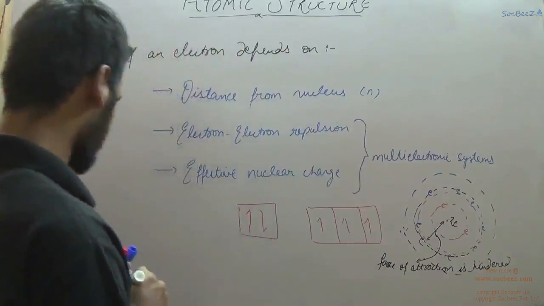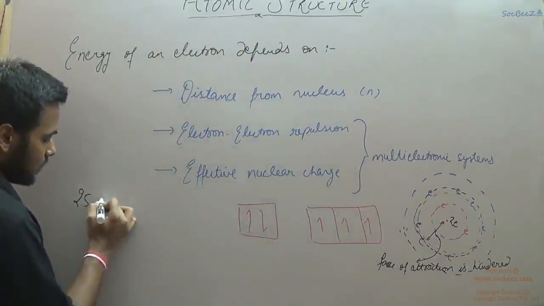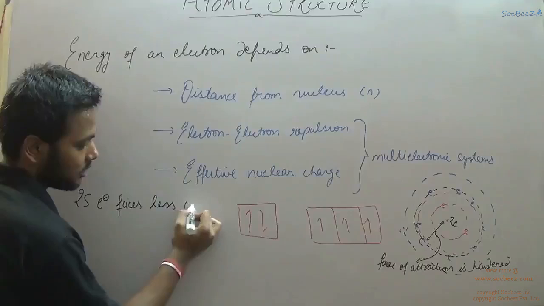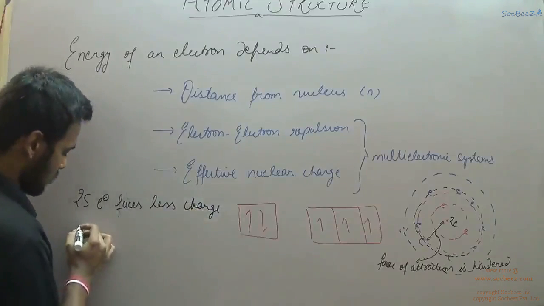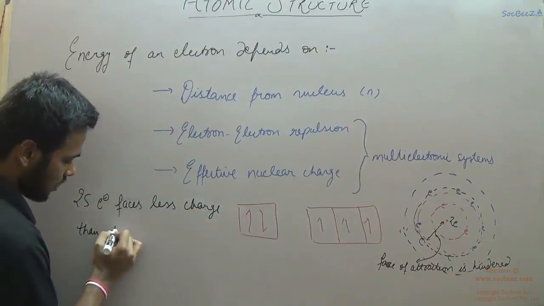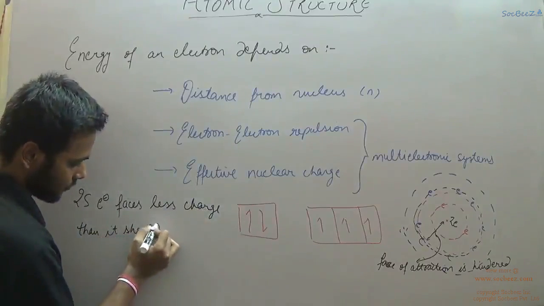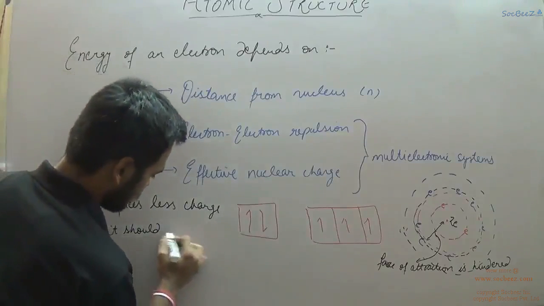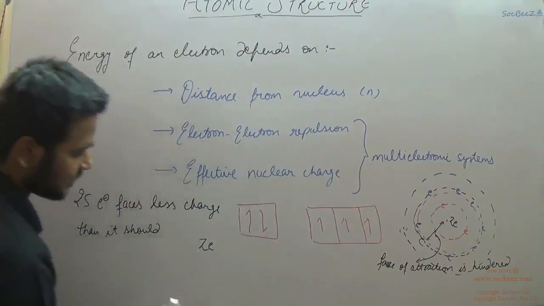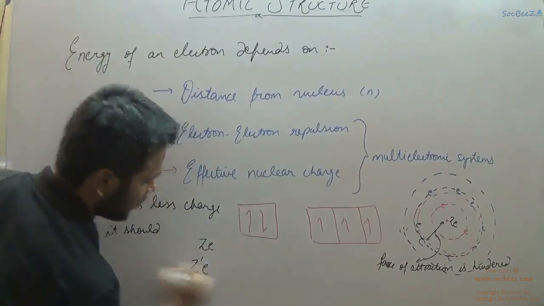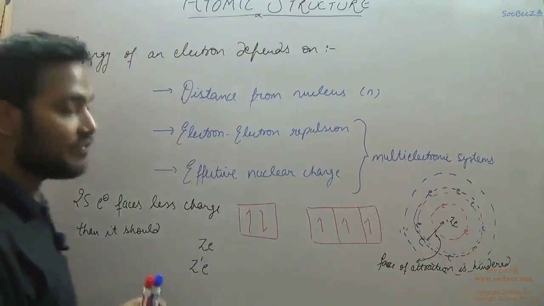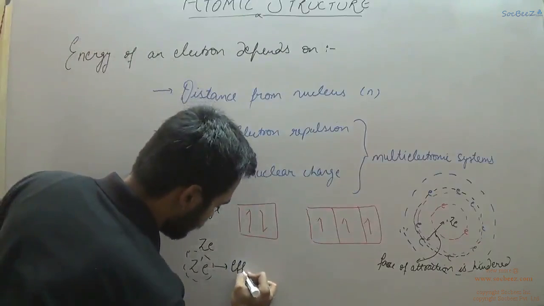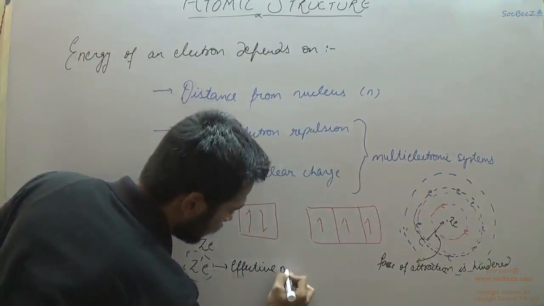So here the 2s electron faces less charge than it should. The charge which should be faced is Ze, but it faces some other charge, that is Z-effective. So Z-effective is known as effective nuclear charge.